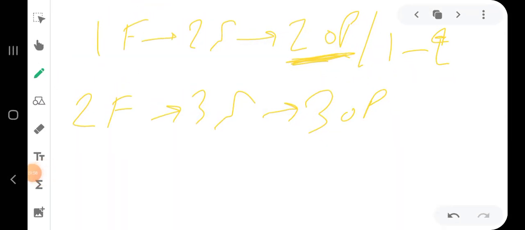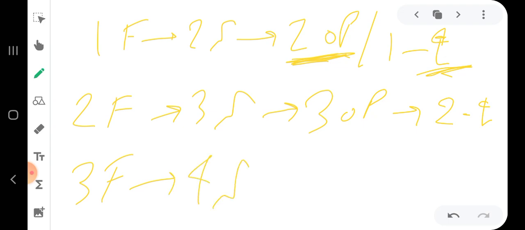Okay, and since you have 2 feeds and each feed has its own value of q, you will have 2 values of q, so you will have 2 q lines. Okay, so this is the only difference. And again, if you have 3 feeds, you will have 4 sections, you will have 4 operating lines, you will have 3 q lines, one for each feed.